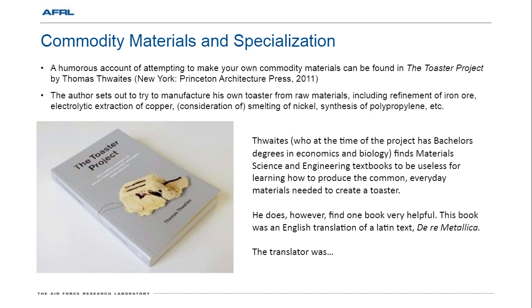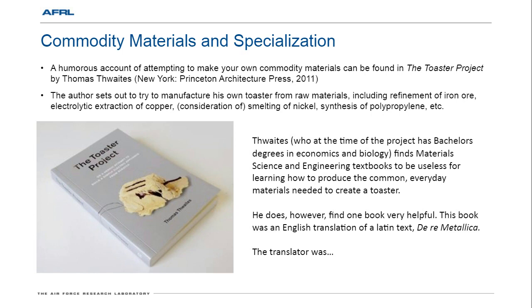Thwaites at the time had bachelor's degrees in economics and biology. He found material science and engineering textbooks not useful at all for learning how to produce these common everyday materials that he needed to be able to make his own DIY toaster.